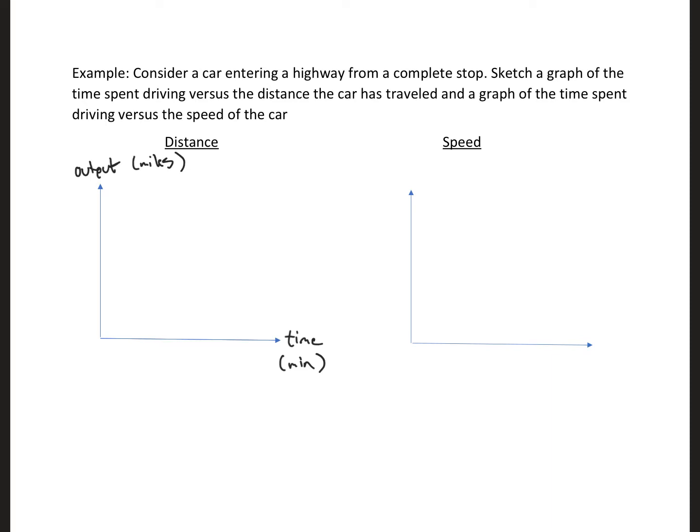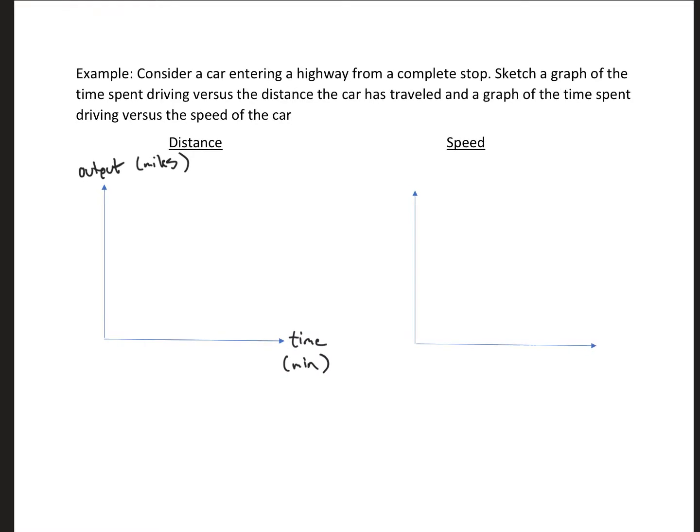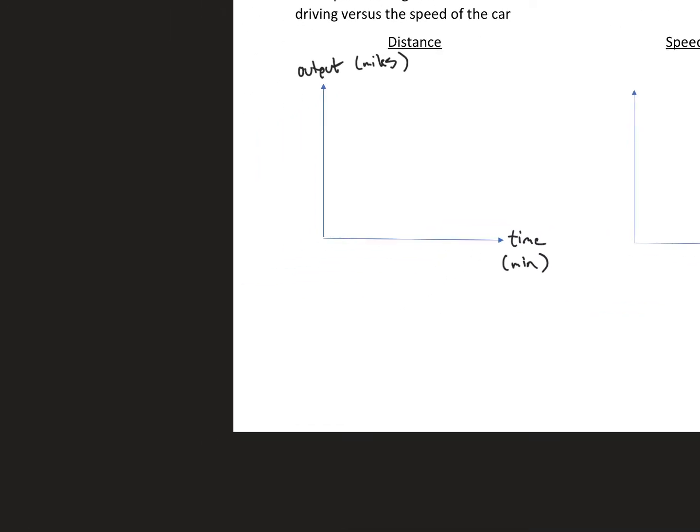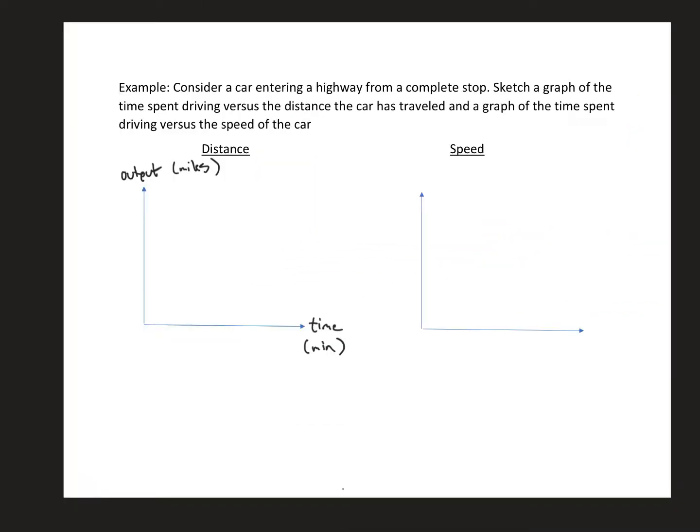What do we expect the car to do as time moves on? Let's consider our axis. Let's look at time from 0 to say 4 minutes. And the miles, the output, from 0 to let's say 5.